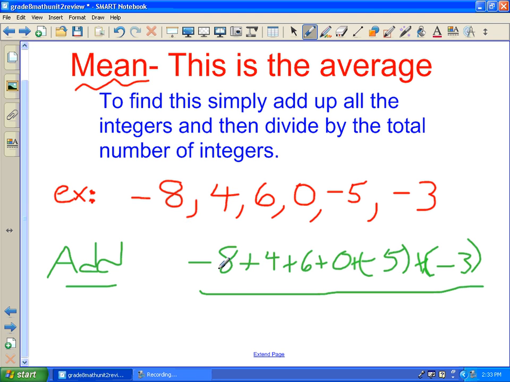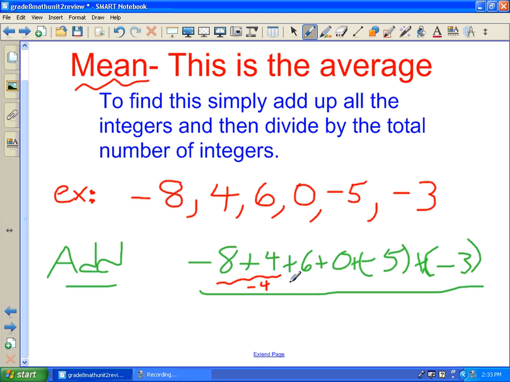We've got negative 8 plus 4 plus 6 plus 0 plus negative 5 plus negative 3. So if you add them up, you can do them one step at a time, or you can simply do them all in your head if you're that good at it. So negative 8 plus 4 is going to be negative 4.